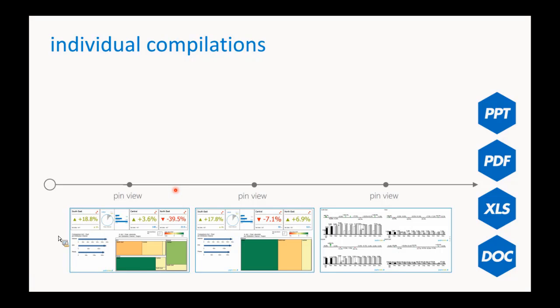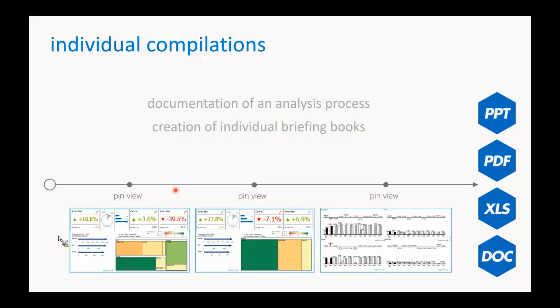So first thing that might be really interesting in the everyday work is you don't just export what you are seeing currently, but you pin different views that you want to see in your export in the end.